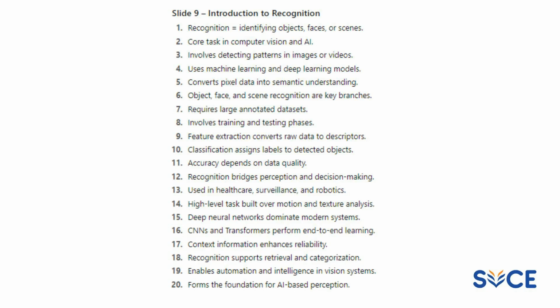To summarize, recognition is a core capability that gives intelligence to visual systems. It transforms raw image data into understanding, bridging the gap between human vision and machine perception. As technologies continue to advance, recognition systems are becoming faster, more accurate, and increasingly capable of interpreting the world around us.